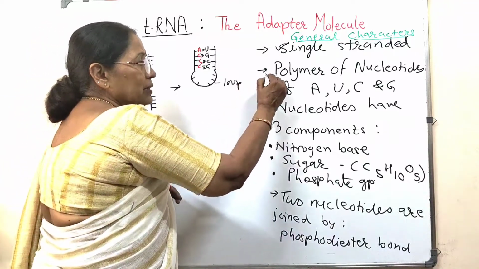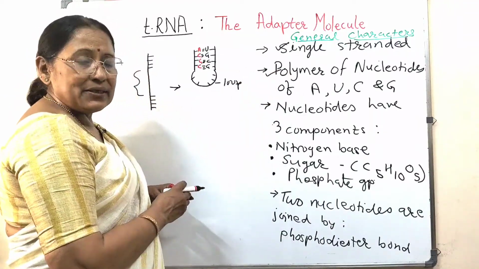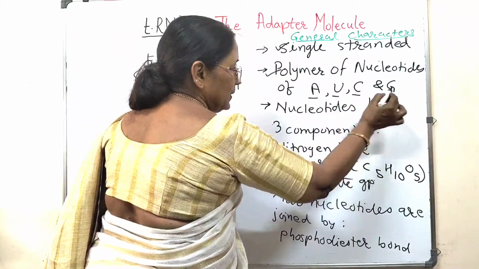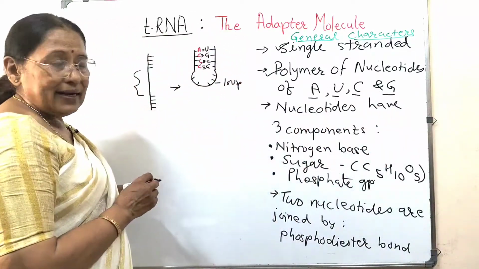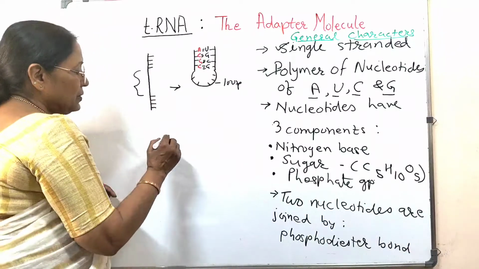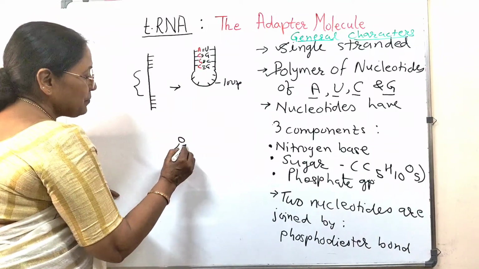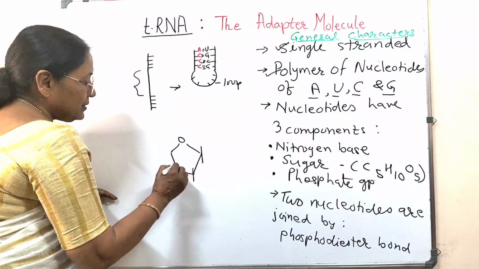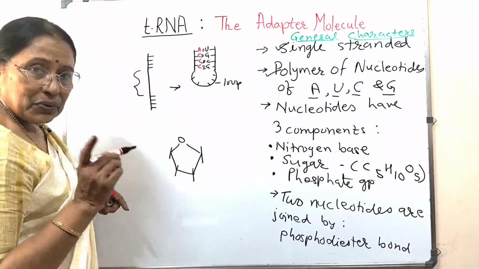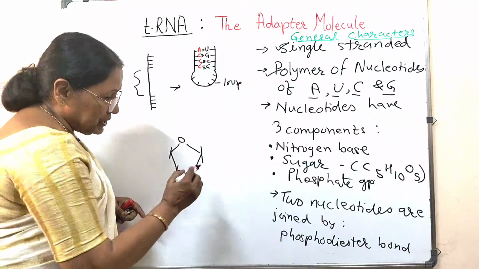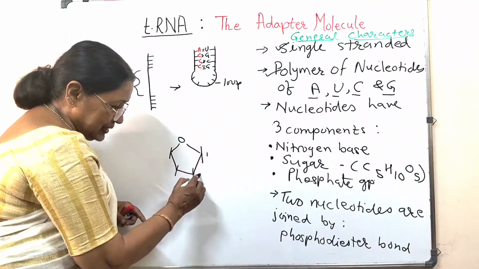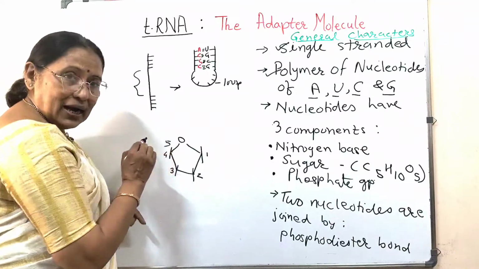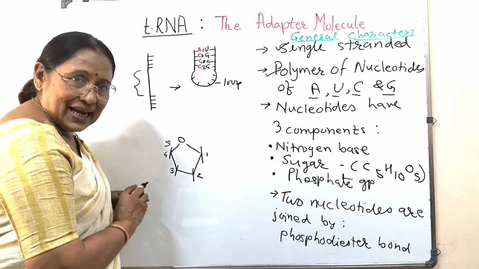Then it is a polymer of nucleotides of A, U, C and G. And the nucleotides have 3 components. One is sugar, a pentose sugar. 1 is here, 2 is here, 3 is here, 4 is here, and the 5th carbon is outside.